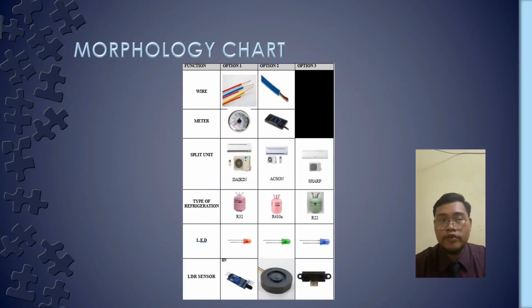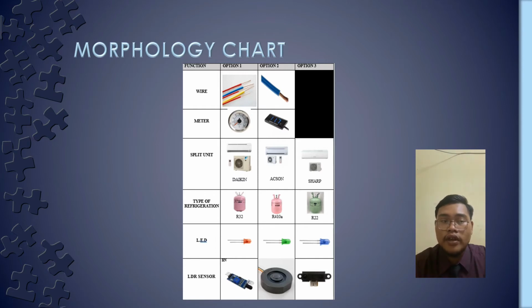For the morphology chart, we have two options for wire: threaded wire and straight wire. We also have two options for meter: pressure gauge and voltmeter. For the split unit, we have three options: Daikin, Exxon, or Sharp.